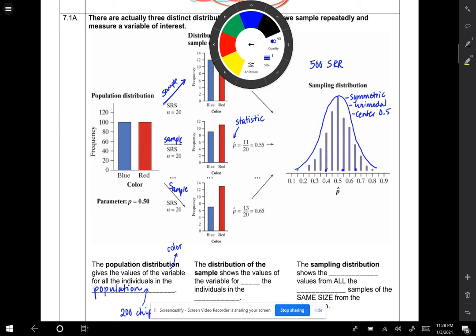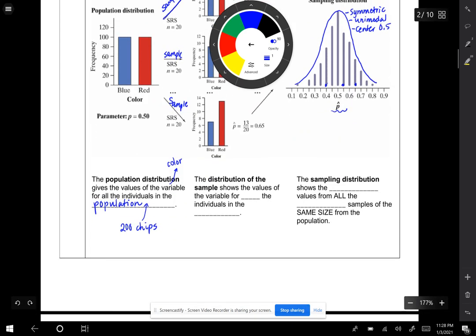So basically, how do the samples and sampling distribution relate to the population distribution? That's our goal. That's what we're trying to answer. So let's look here. The distribution of the sample, the second column, shows the values of the variable for all the individuals in the sample.